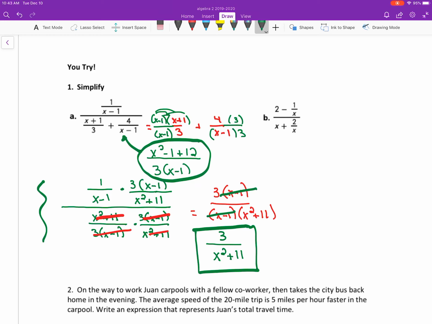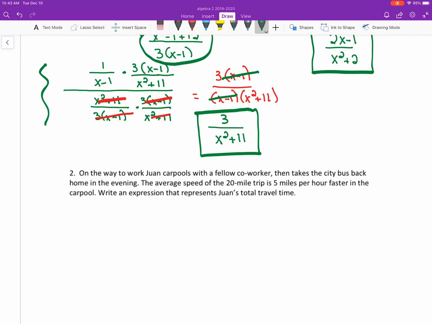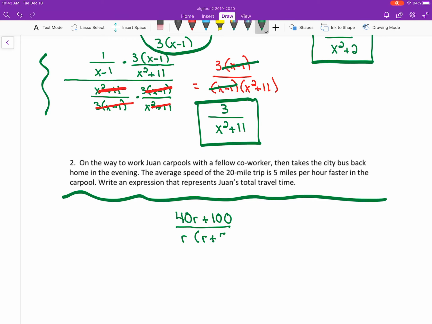If you want to work out b on your own, you get 2x minus 1 over x squared plus 2. So go ahead and see if you can do that on your own and end up with that answer. Also, if you want to work on an extra word problem, we'll probably go over this together, but the total travel time formula when you make your table ends up being this.